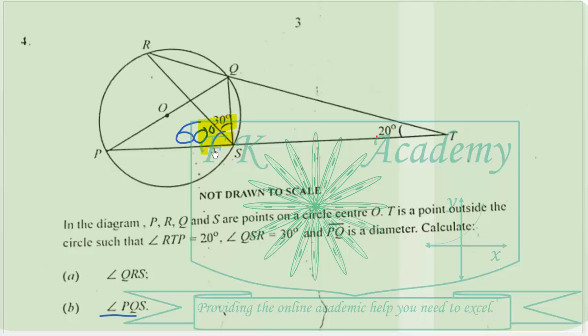If this is 60, this will be what? Yes, this one will also be 60. Why? Angles in the same segment created by the same arc are equal. Then again, this part here is 90.